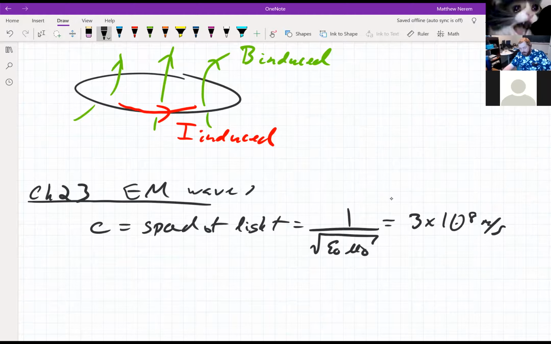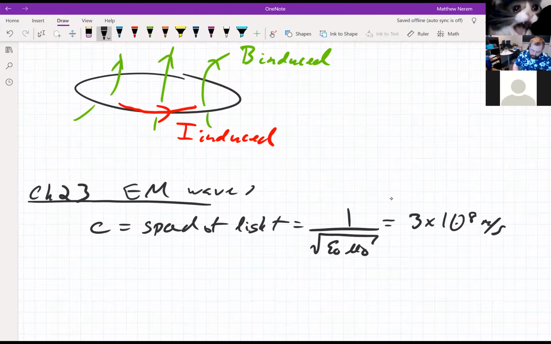Universal speed limit, constant, always constant. Cannot go faster than that speed of light. And electromagnetic waves will travel that speed unless in a medium. Once you try going through water or a prism, you slow down.